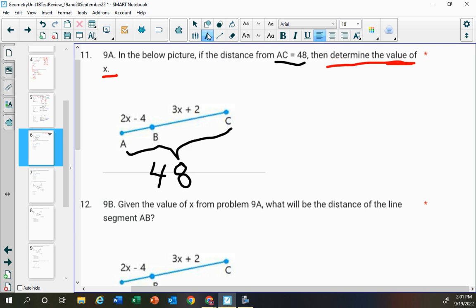2x minus 4 plus 3x plus 2 equals 48. Very good. Your setup. So think about it like this.